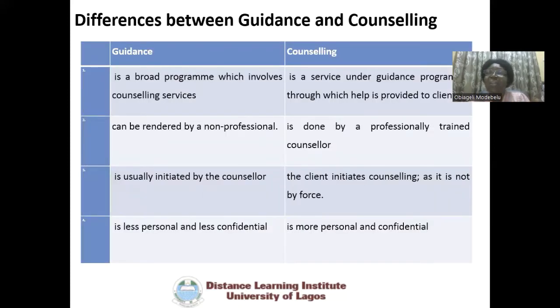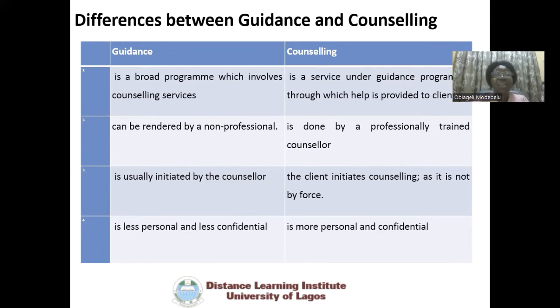So there are differences between guidance and counseling. Remember, I've told you that what we are doing is not advice giving. It's not traditional guidance. It is not direction. It is a formalized system that is used in helping clients to discover who they are and then take decisions based on that understanding and also take responsibility for whatever decision they have taken.